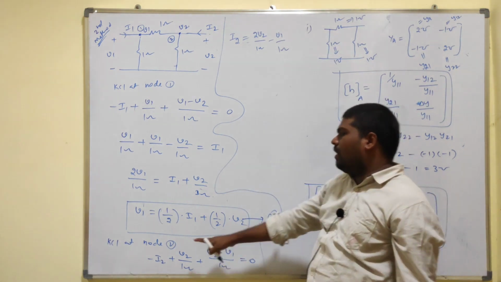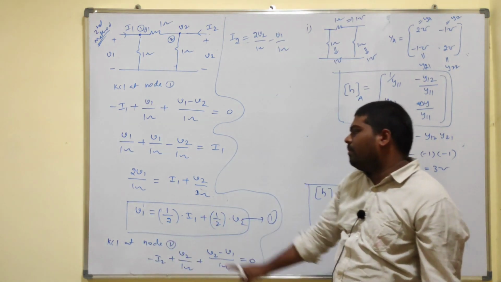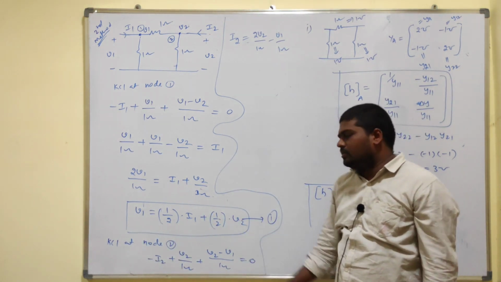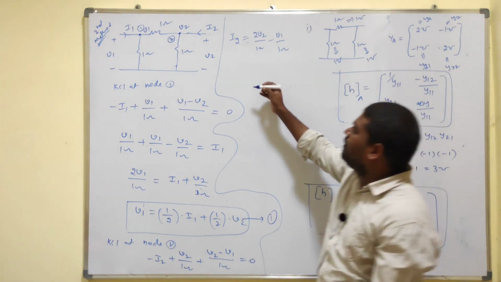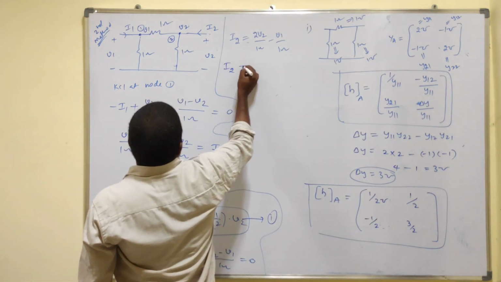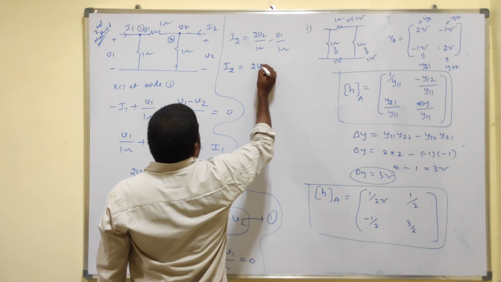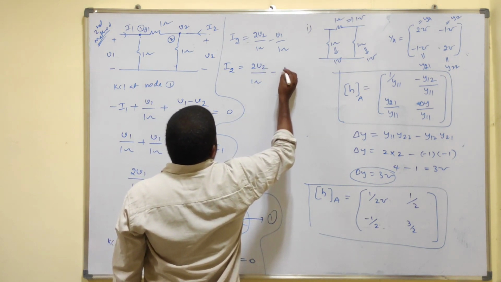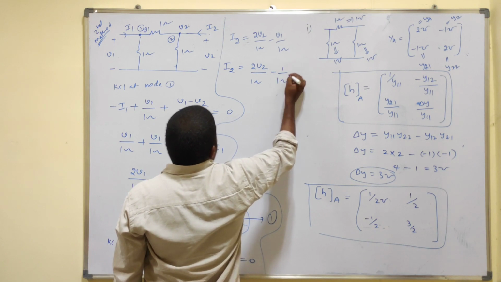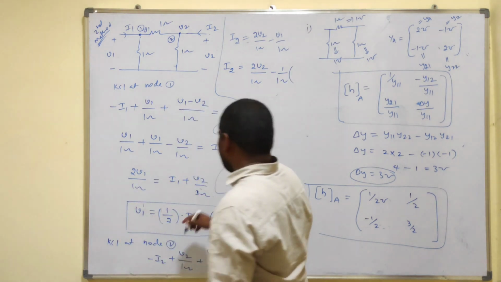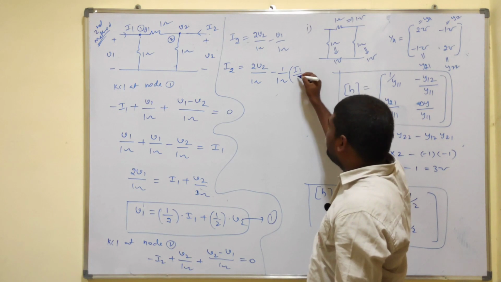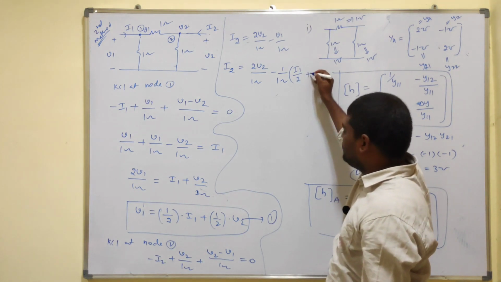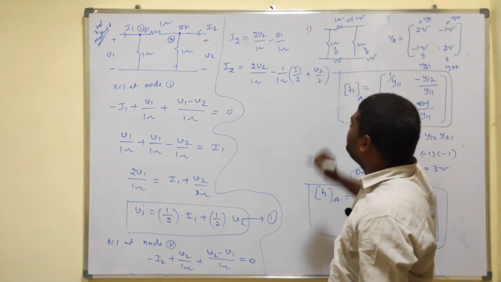Already we have V1 equals I1 by 2 plus V2 by 2, so you can substitute the same thing here. Now I2 equals 2V2 by 1 ohm minus 1 by 1 ohm into V1, which is I1 by 2 plus V2 by 2.